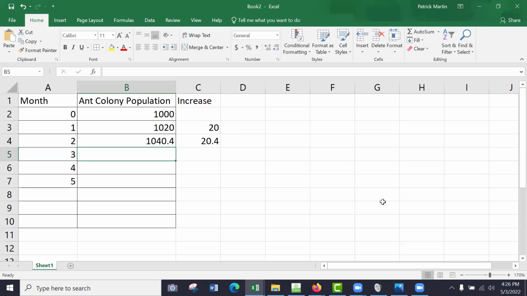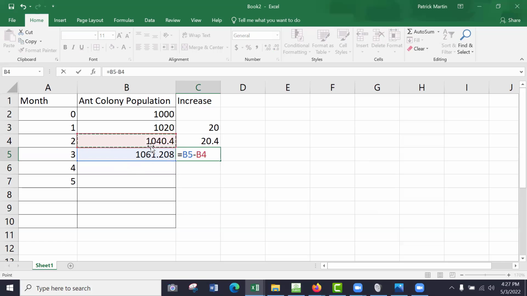Right. And then for the next month, it just goes on. So equals 1.02 times the previous amount. And we get this. Now the increase is this minus the previous amount, which is actually 20.8.